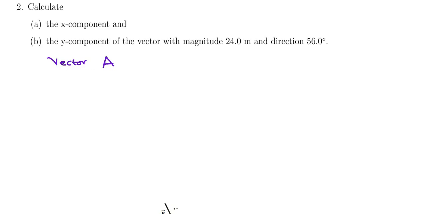The x component of vector A will be written like this, and it will be given by A cos theta.